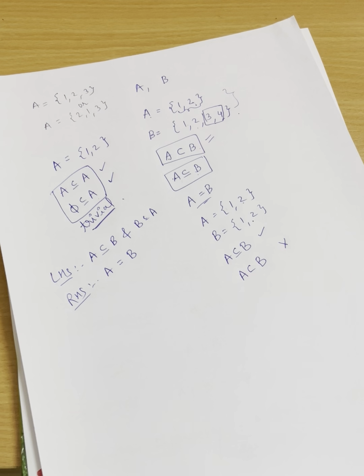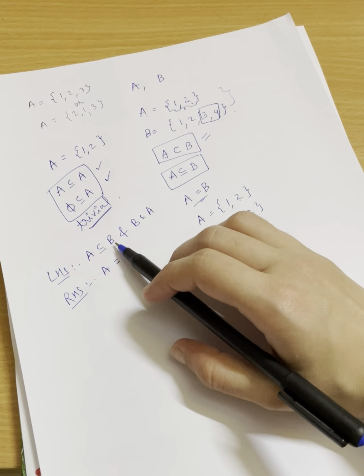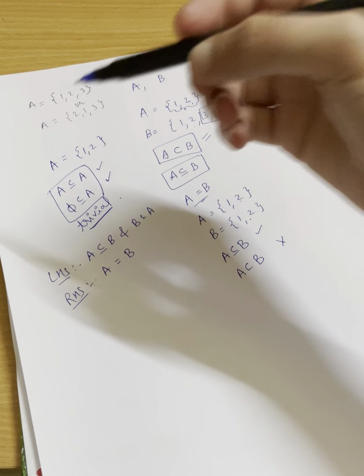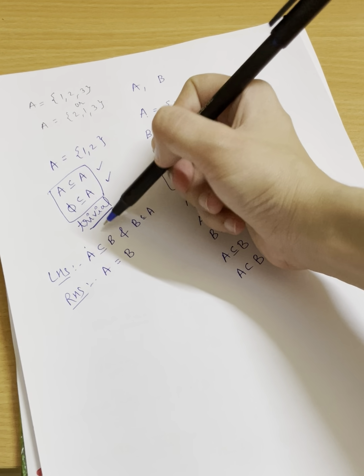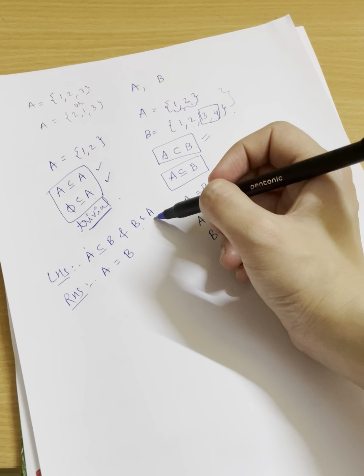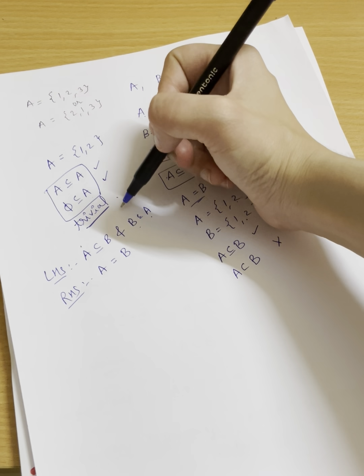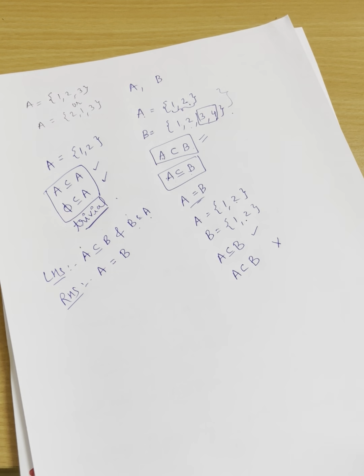Suppose A is a subset of B. Just imagine and think about it. If A is a subset of B, what does it mean? All the elements of A are present in B. And if B is a subset of A, all the elements of B are present in A. So if all the elements of A are present in B and all the elements of B are present in A, it means both sets are equal.